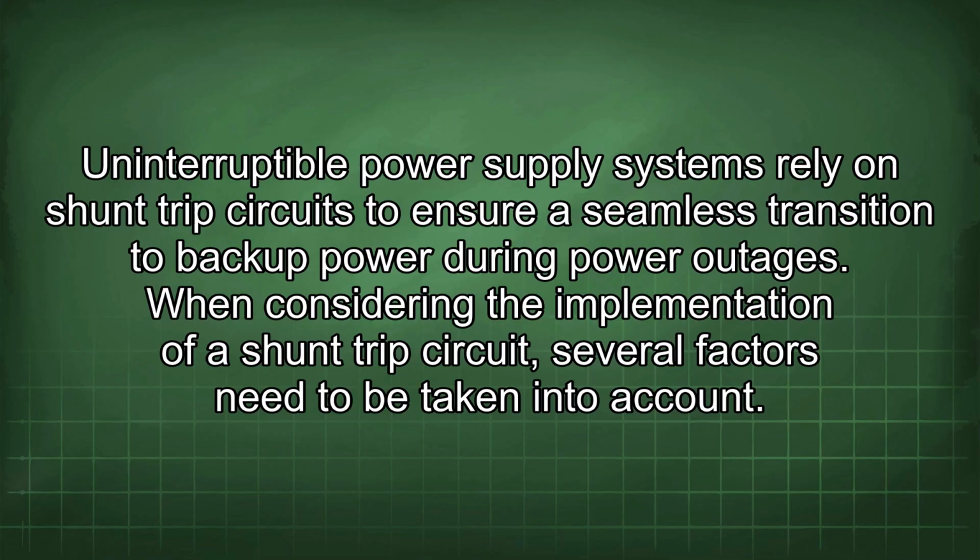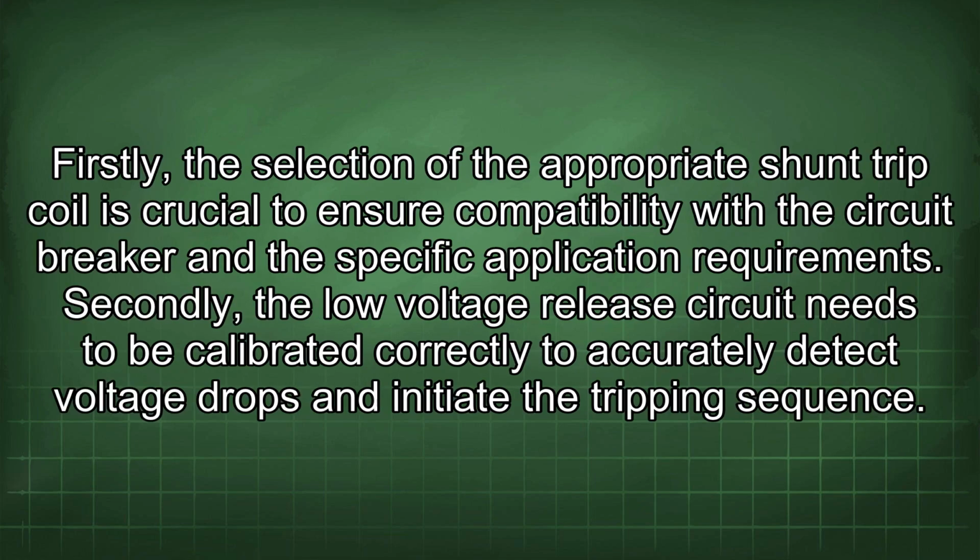When considering the implementation of a shunt trip circuit, several factors need to be taken into account. Firstly, the selection of the appropriate shunt trip coil is crucial to ensure compatibility with the circuit breaker and the specific application requirements. Secondly, the low voltage relay circuit needs to be calibrated correctly to accurately detect voltage drops and initiate the tripping sequence.